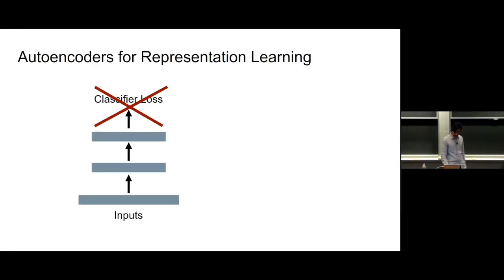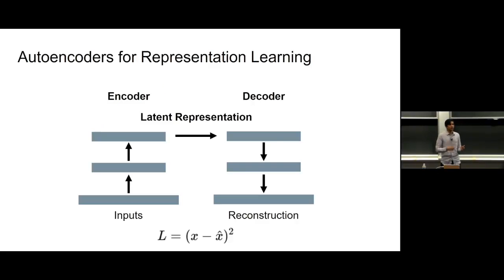So what we do instead with an autoencoder is we train it to do something very simple, which on its surface might actually seem a little silly, which is we train it to output exactly the same thing that we input. We train it to reconstruct its inputs. We put some inputs in, we pass them through a series of layers, and then the size of our output layer is exactly the size of our input layer, and the cost function we use is just mean squared error between the inputs and the outputs.